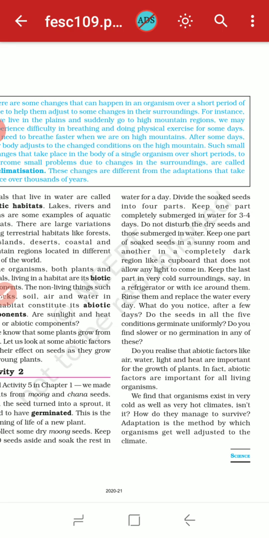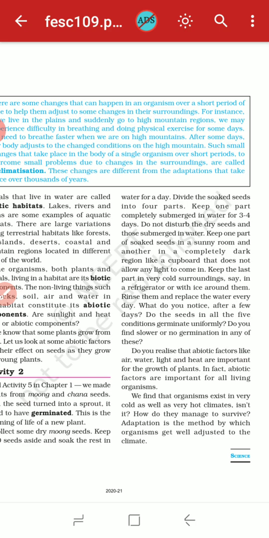Now we find that organisms exist in very cold as well as very hot climates. As you know, when you go to Kashmir or any snowy area, you can see various kinds of plants over there. That means they can also survive there. How do they manage to survive?